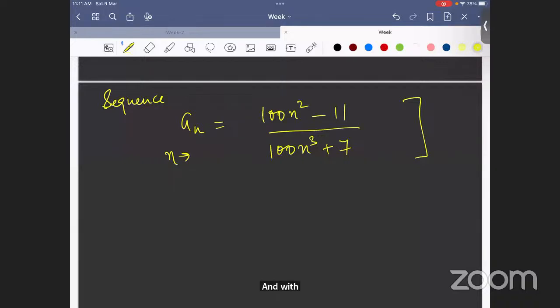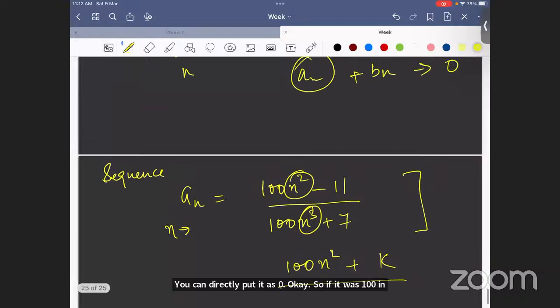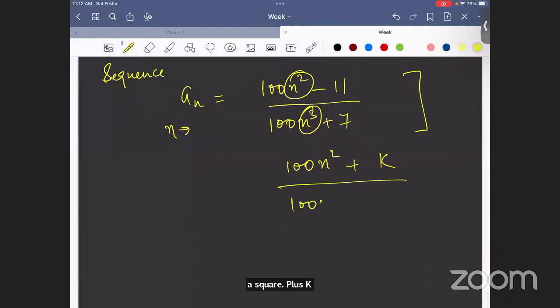It will converge to 0, right? Yes, sir. You can directly see that if the degree of the denominator is more than the degree of the numerator, you can directly put it as 0. Okay, so if it was 100 n square plus k1 and 100 n square plus k2, what should be the value now?